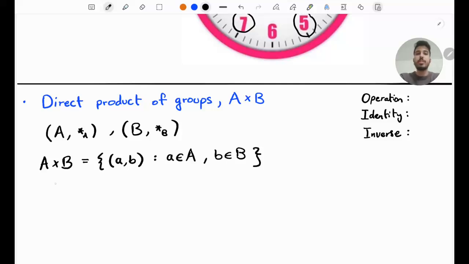And what is the operation, you may ask? What is the star of A cross B? Well, the star of A cross B is a very natural star.